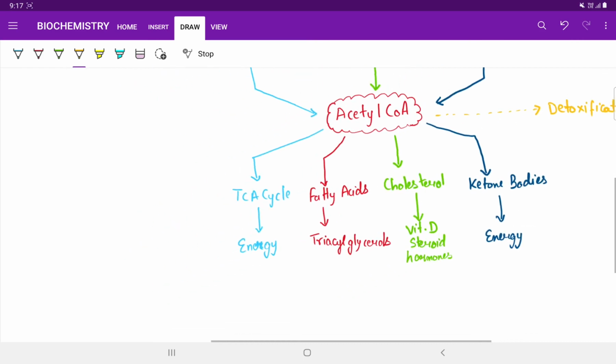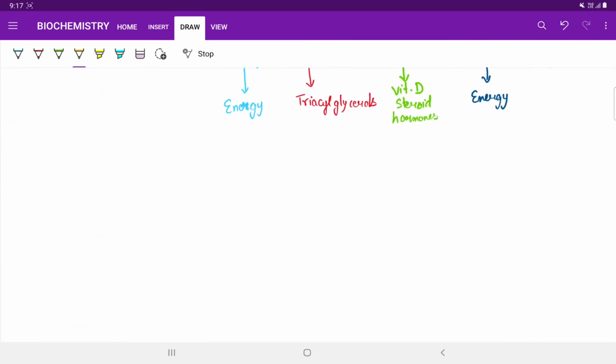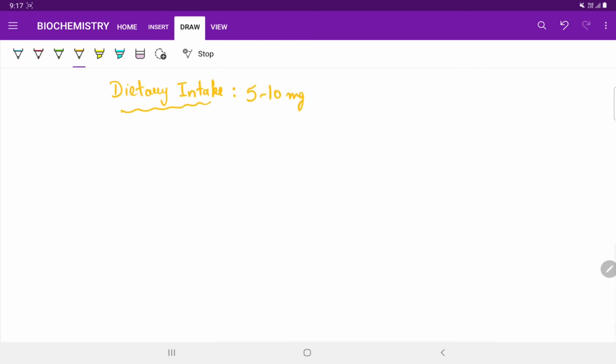Now the recommended dietary intake is 5 to 10 milligrams per day only for adults, and the dietary sources are very widely distributed.